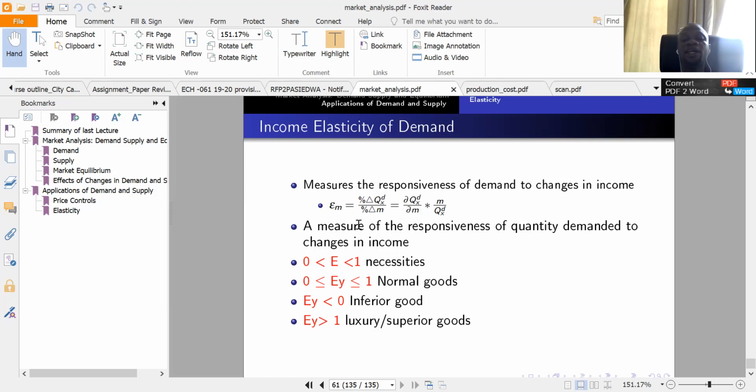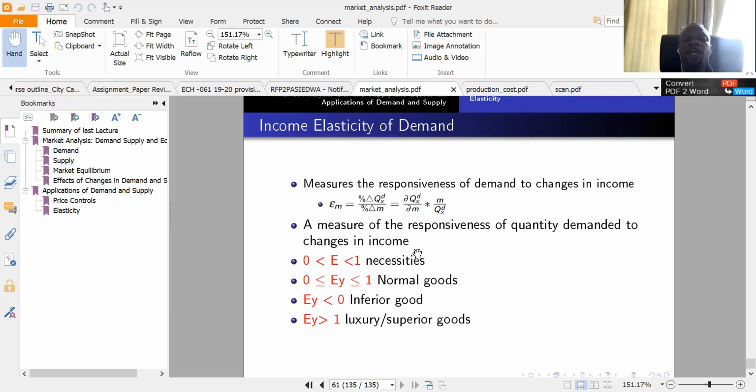It is a measure, as we said, of the responsiveness of quantity demanded to changes in income. If the elasticity that you compute is between 0 and 1, less than 1, then the product is a necessity. So you can say it's inelastic, so it's a necessity.